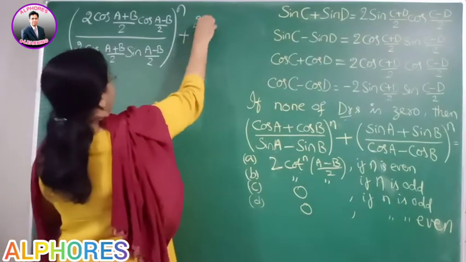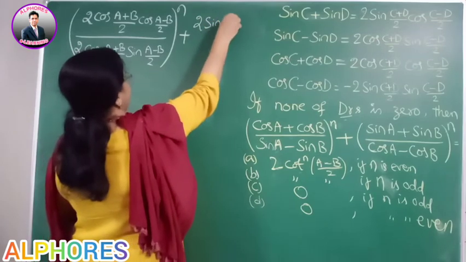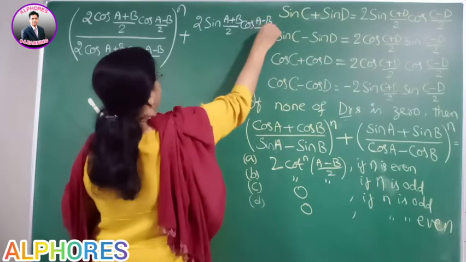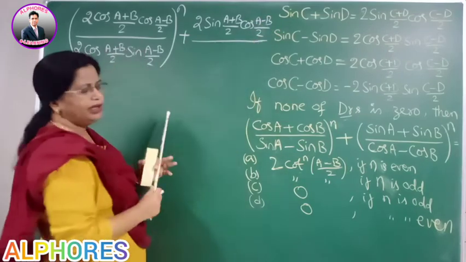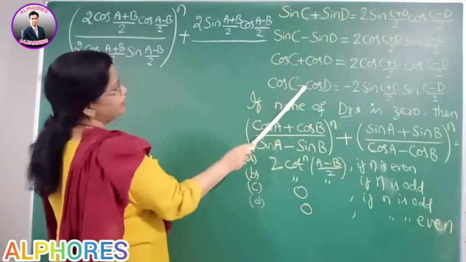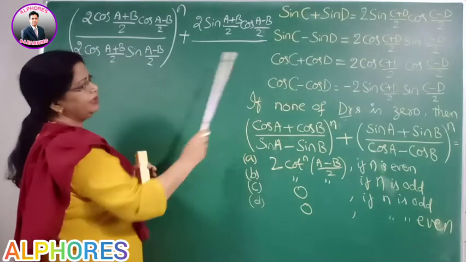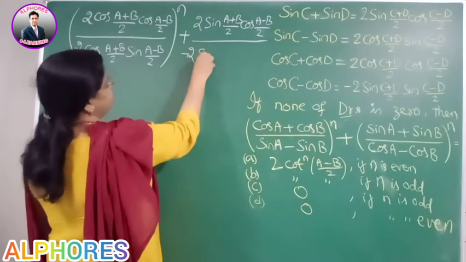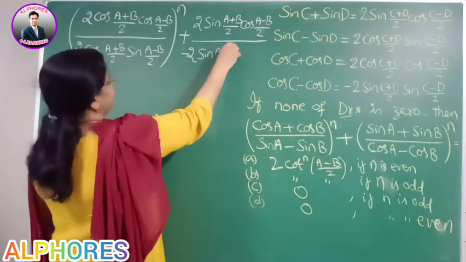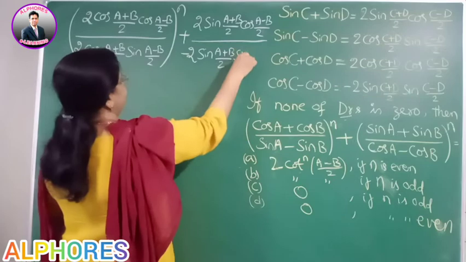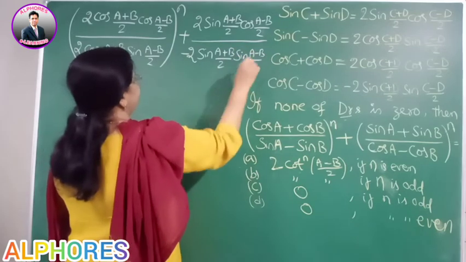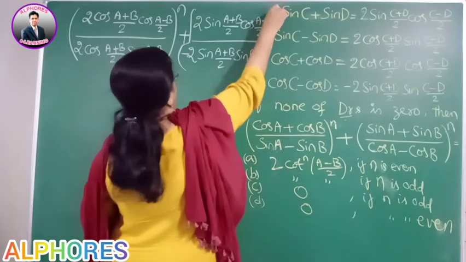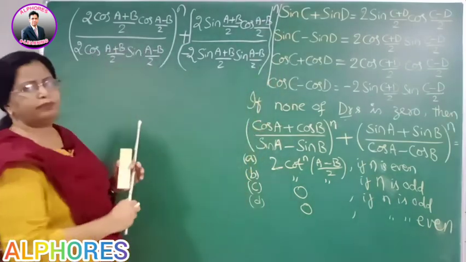So you get 2 sin (A plus B)/2 into cos (A minus B)/2, divided by the denominator cos C minus cos D. Now we apply the formula for that: minus 2 sin (A plus B)/2 into sin (A minus B)/2. Students, now whole to the power of n. So this is our problem.